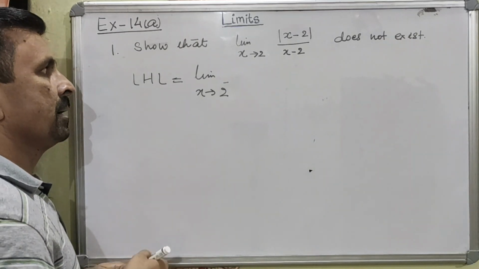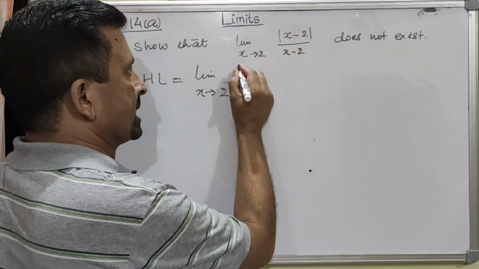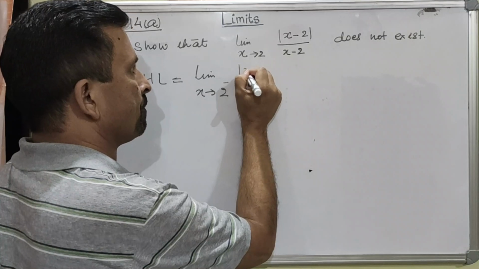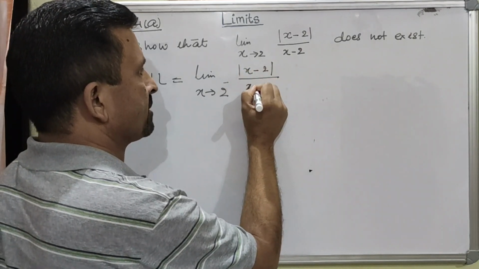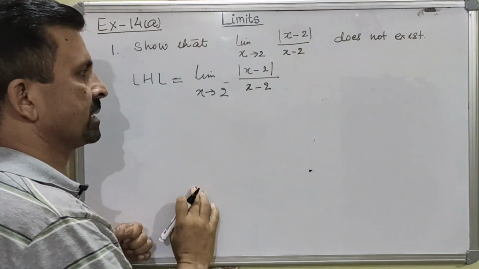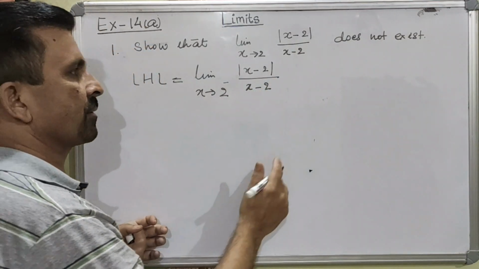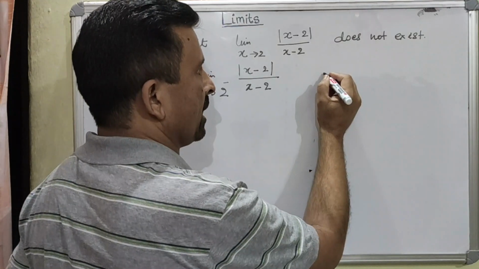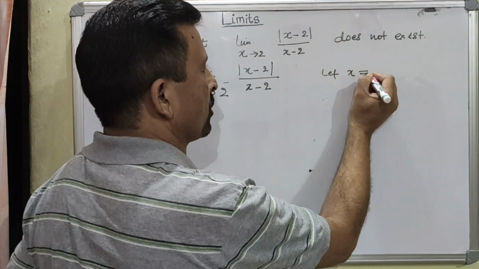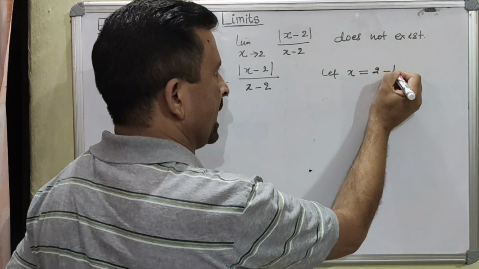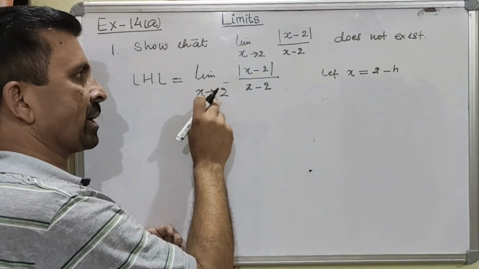So this is as it is, x minus 2 divided by x minus 2. Now here, what we can do is let x equal 2 minus h. You know that x is not exactly 2.